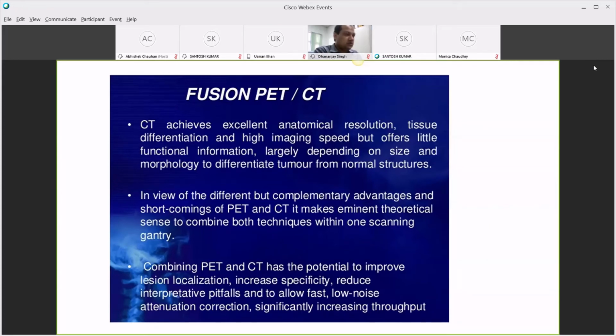It means why different modality scanning is required. Every modality has its own advantage. Even X-ray has its own advantage. CT has its own advantage. So every modality has a different advantage, and it will give different information.